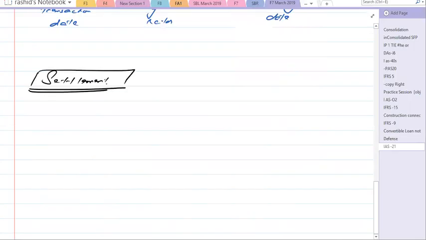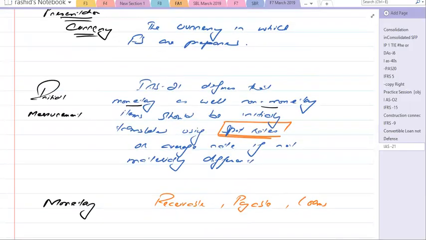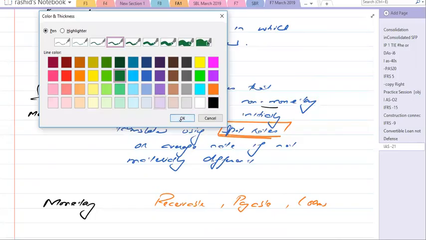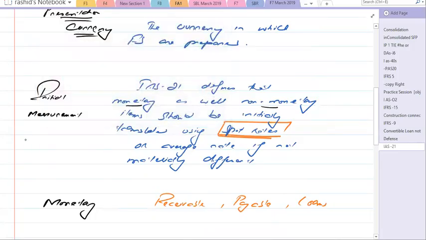So when you are settling those balances, first of all, come over here. For example, 100 units were bought at the rate of $10 per unit.